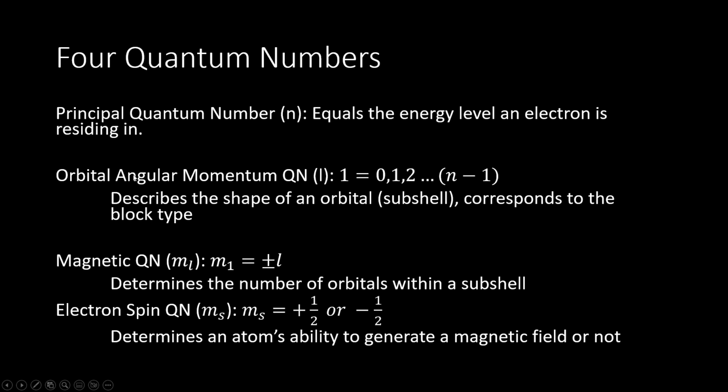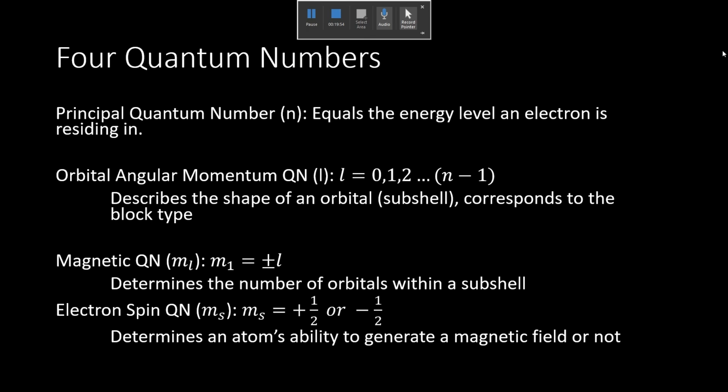Next is the orbital angular momentum quantum number. We represent this with l, and what that should be is l equals 0, 1, 2, all the way to n minus 1.